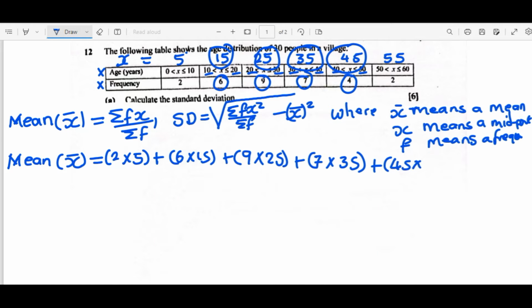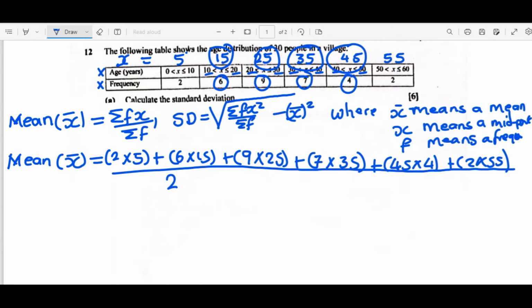You need to make sure that you don't make a simple mistake because it can be costly. So 2 times 55 over the summation of the frequency. For the frequency, we're just going to add the numbers. So 2 plus 6 plus 9 plus 7 plus 4 plus 2.